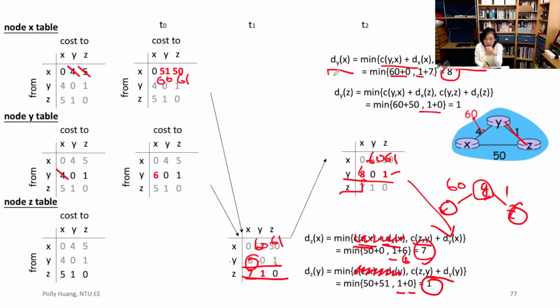Because Y here, as it's calculating its route to X to Z. So, in the end, this entry is gonna grow bigger than 60 or reach 60 because 7, 8, 9, 10, 11, 12.